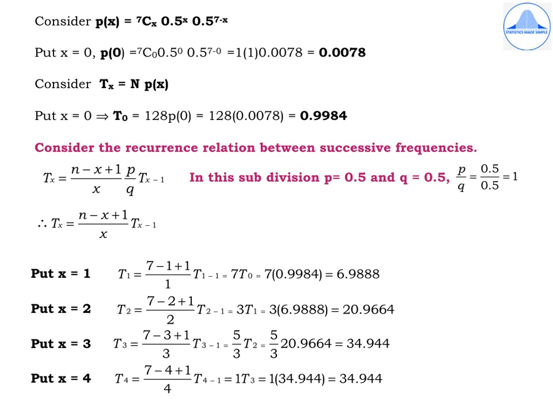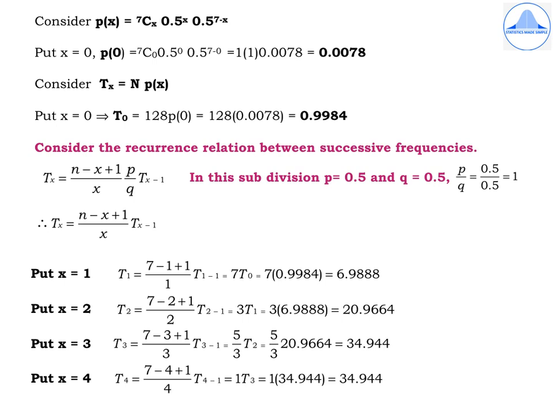So what is the recurrence relation between successive frequencies we have learnt? The formula is Tx equal to n minus x plus 1 divided by x, p by q, Tx minus 1. Now in this subdivision, we know that p is 0.5 and q is 0.5.